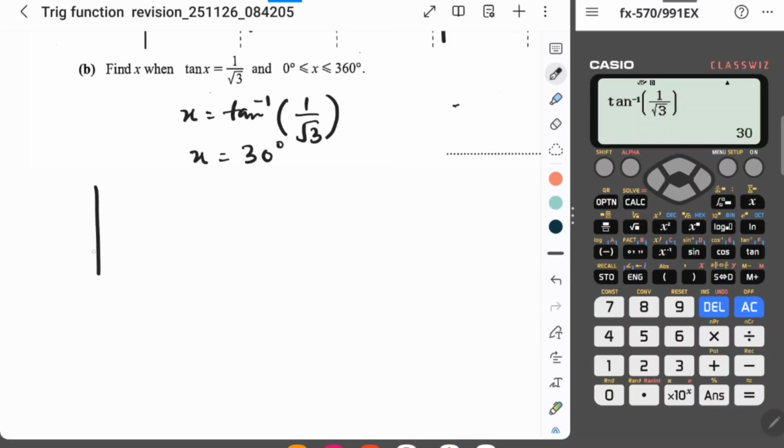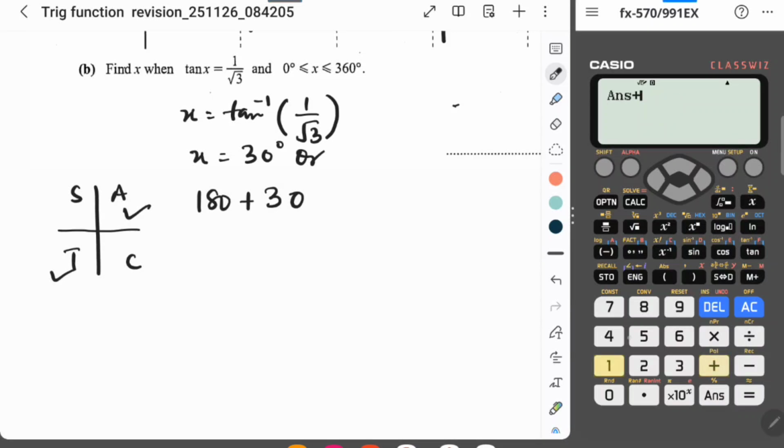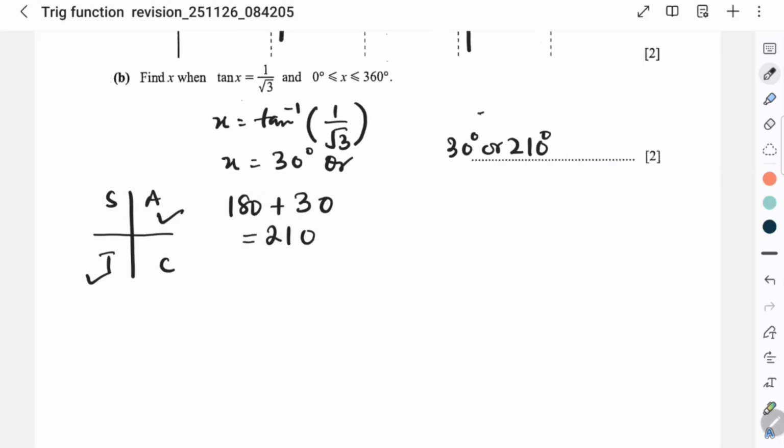So you know that this is tan positive, it's here and it's here, 30 degrees or 180 plus 30 degrees. So you will have 210 degrees. So you can have 30 degrees or 210 degrees. So mostly the questions are the same.